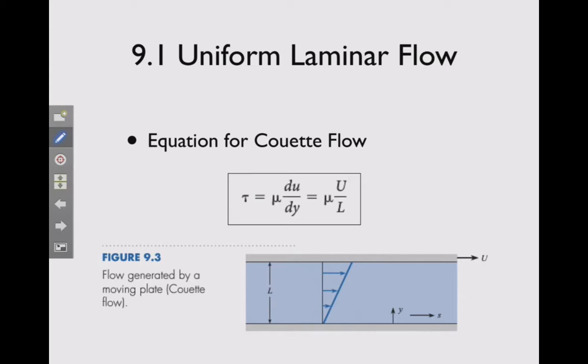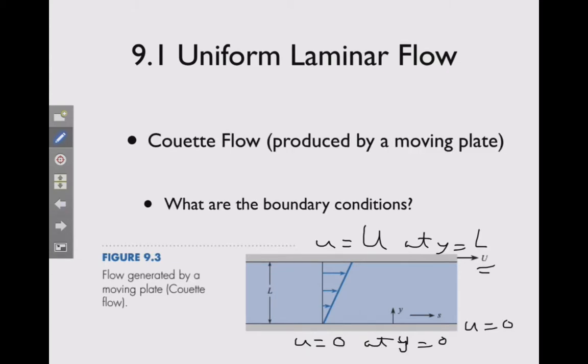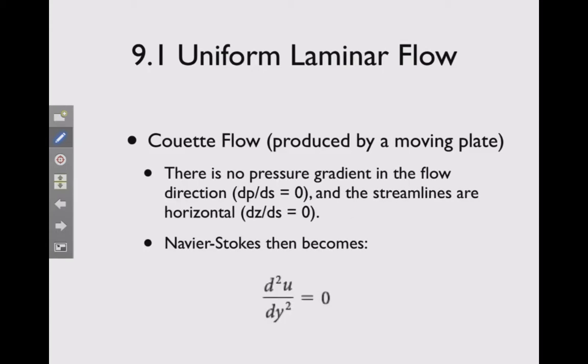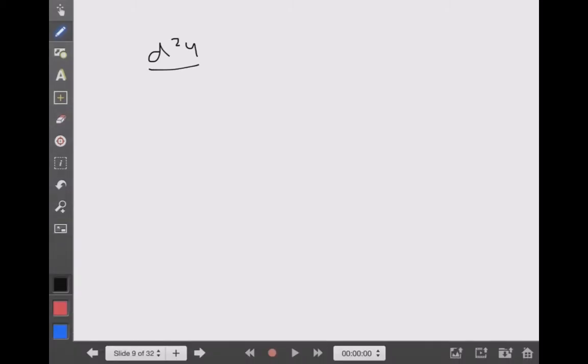Let me just do this really quickly. We're basically going to derive this equation right here, but just to show you how this is done, we have to integrate twice. d squared u dy squared equals 0.